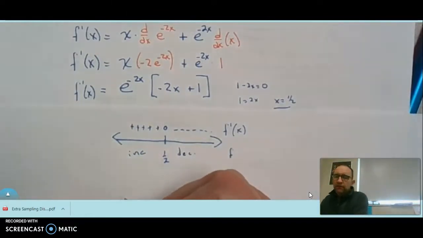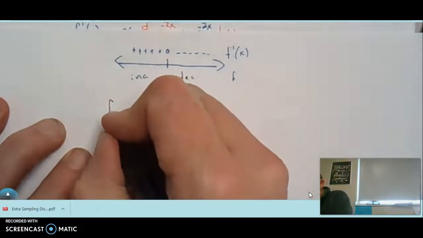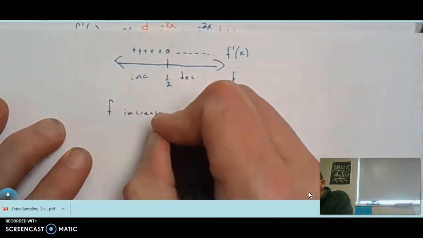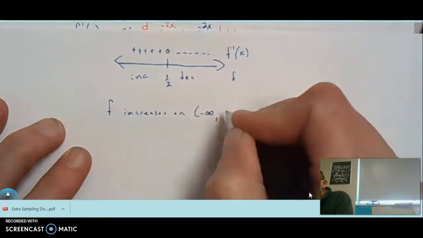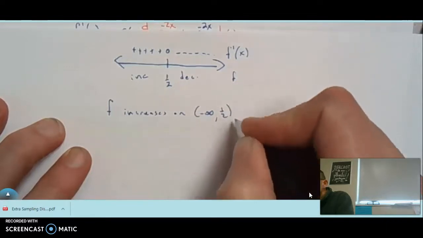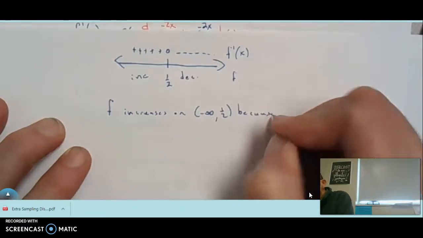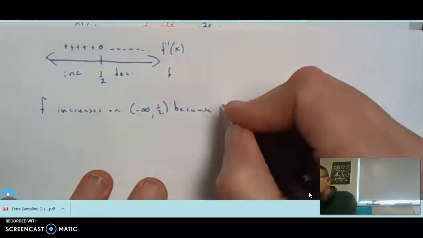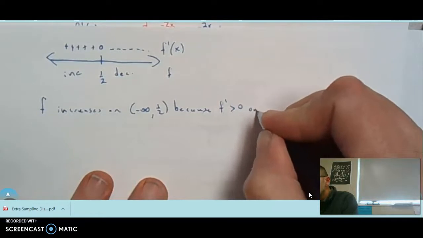So, to answer the question then, we can say f increases on the interval from negative infinity to 1/2 because the derivative of f is greater than 0 on that interval.